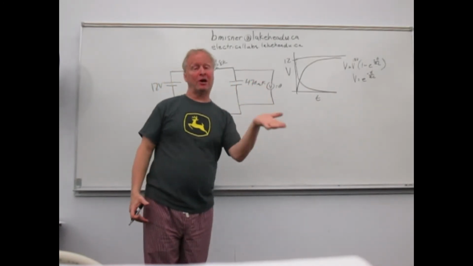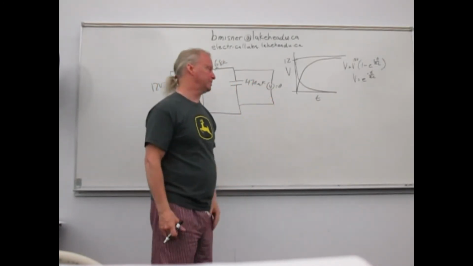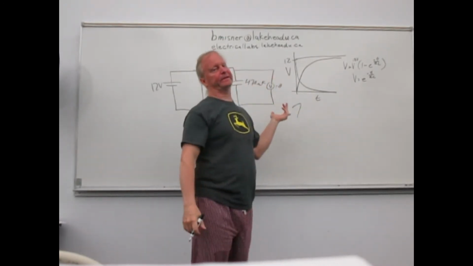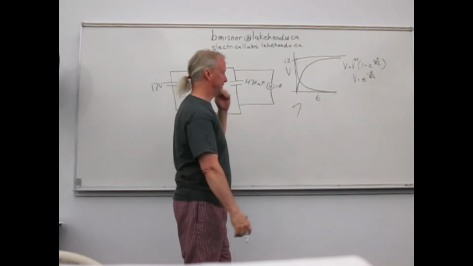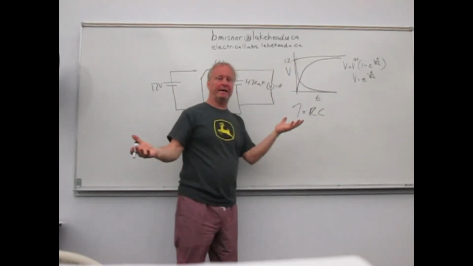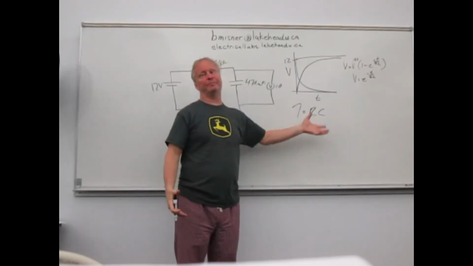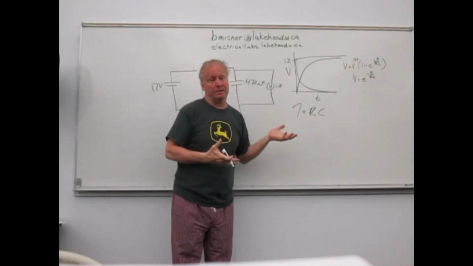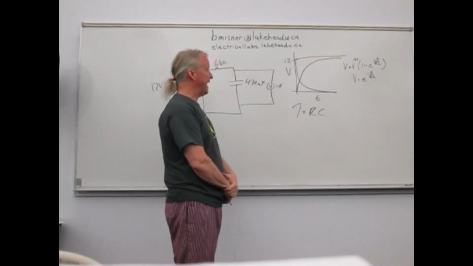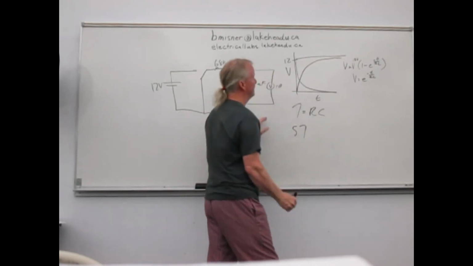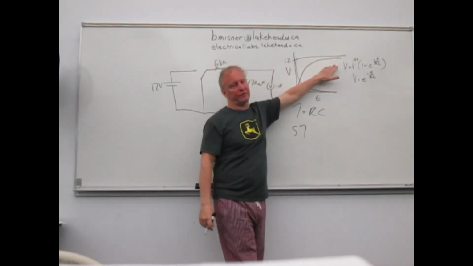Then we say that after 5 time constants, and what's the time constant? The time constant is tau, and tau equals R times C. When you put those two together, it comes out in a quantity of seconds. We say that after 5 tau, the capacitor is fully charged.